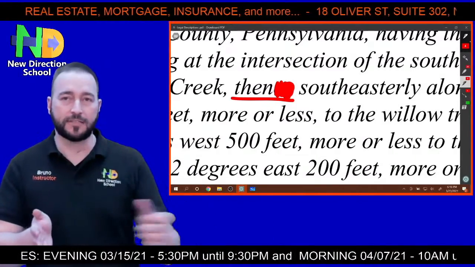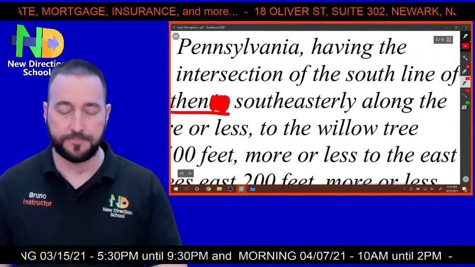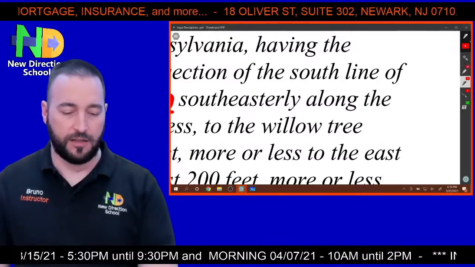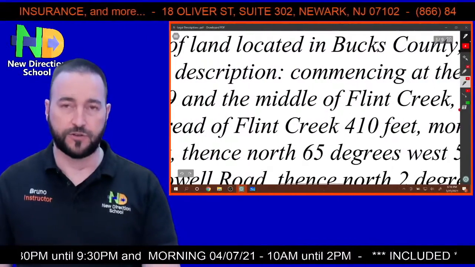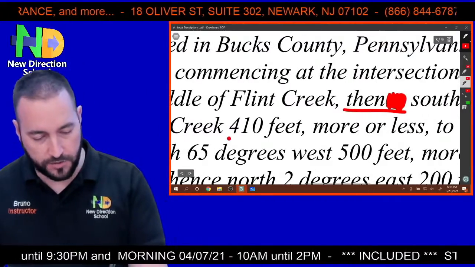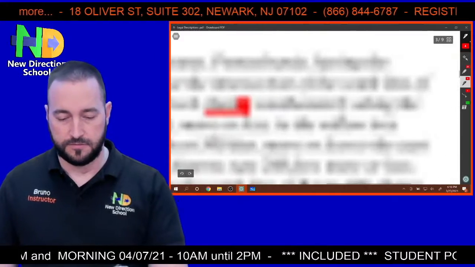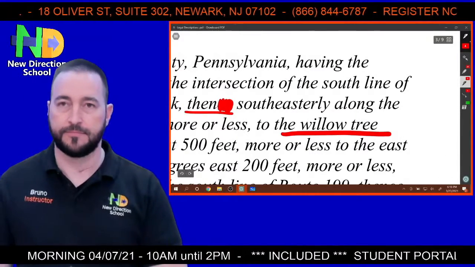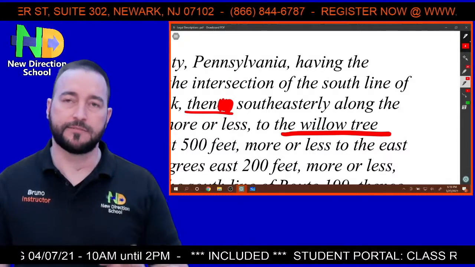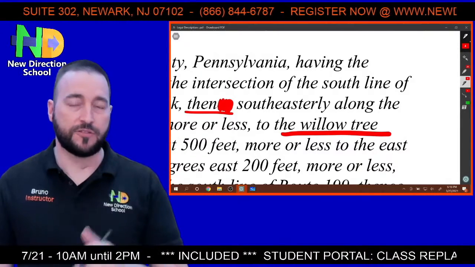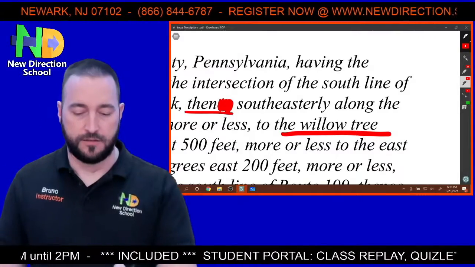What do you do next, or then, is we're going to go southeasterly along the center thread of Flint Creek. And we're going to go 410 feet, more or less, to the willow tree. Okay, so we're going to follow the creek, southeasterly, 410 feet until we reach the willow tree.